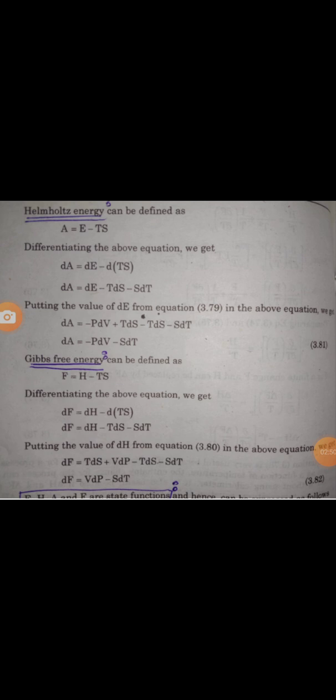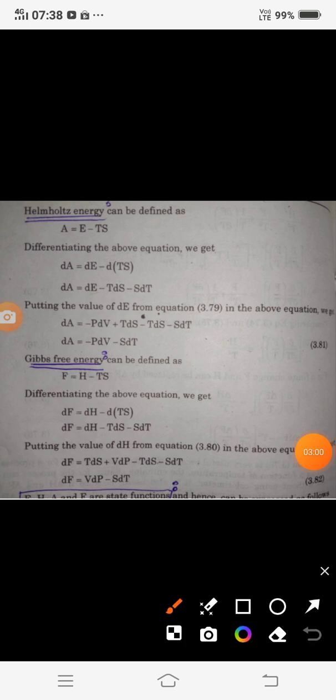Now let's talk about how Helmholtz energy is defined. The Helmholtz energy formula is A equal to E minus TS. Here A is the Helmholtz energy, E is internal energy, and minus TS is a factor where the change in entropy depends upon the temperature.